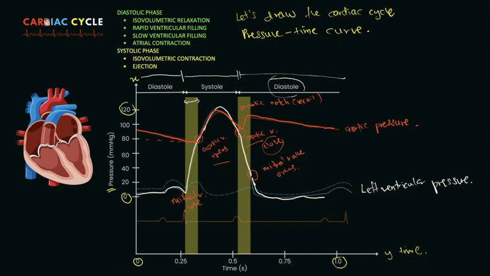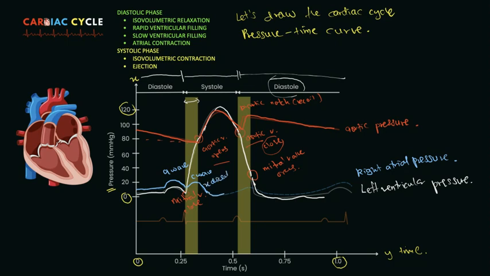As for the right atrial pressure curve, it starts off with the A wave, depicting atrial contraction, followed by the C wave when the tricuspid valve bulges into the right atrium following right ventricular contraction.